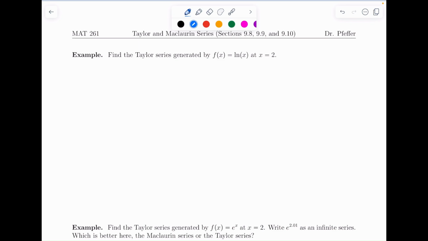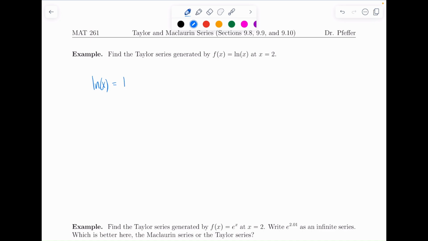So if I start with ln x, I want it centered at 2, so I'm going to opt to add 2 and subtract 2. If I factor out a 2 inside the log, I'm left with 1 plus (x minus 2) over 2 inside the log. This, of course, is a product, so we can hit this with the product property of logarithms.